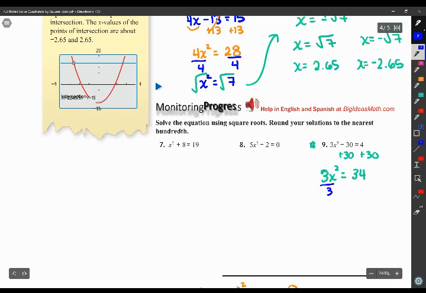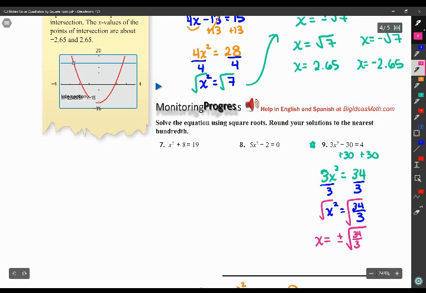So we're going to divide both sides by 3. And when I divide this out, 34 divided by 3 does not come out as a nice number. It's actually kind of gross. It repeats a 0.3. And so we have the isolation, so we're going to take the square root of both sides. And so we get x is equal to plus or minus the square root of 34 over 3.